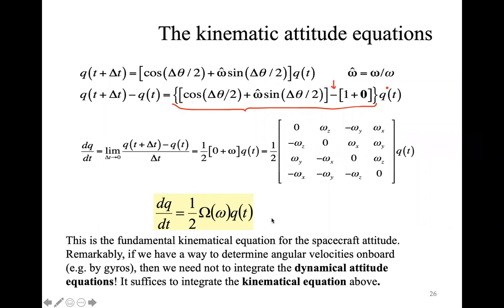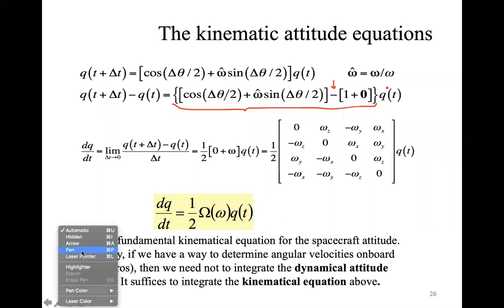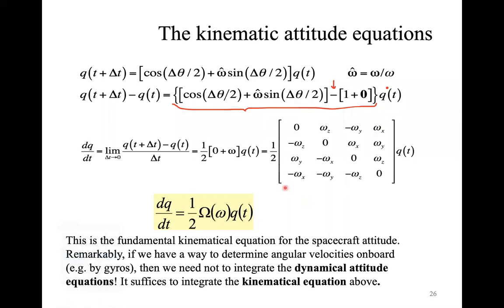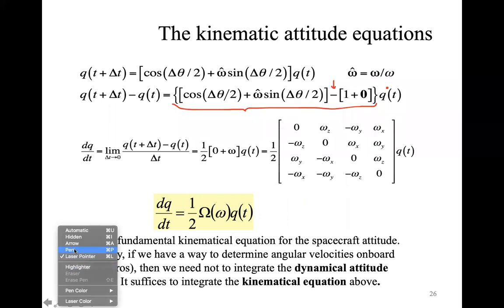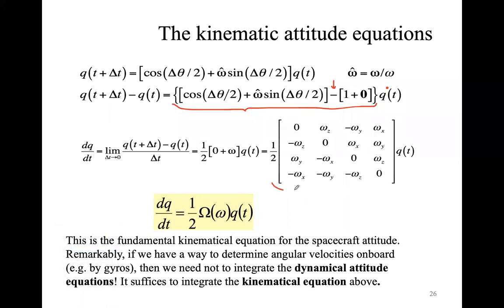This matrix, indeed, is usually defined as big omega, that is a function of the instantaneous angular rotation. So this one is our omega of omega. Okay.